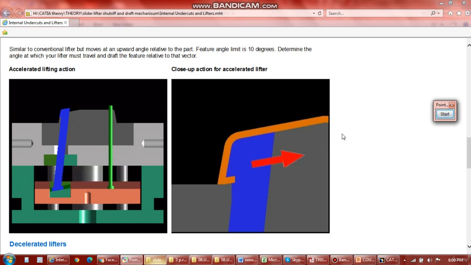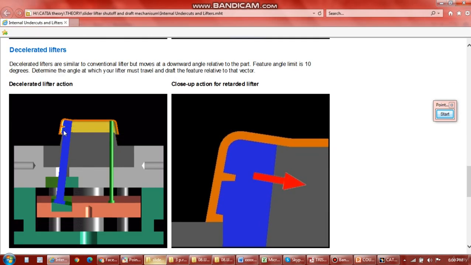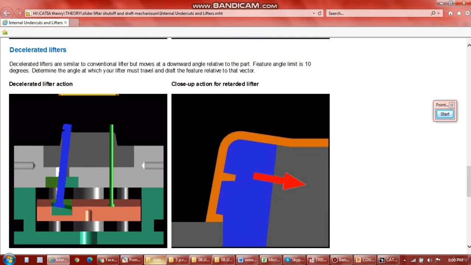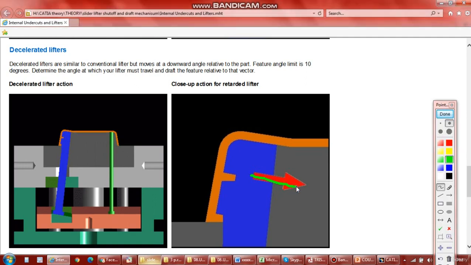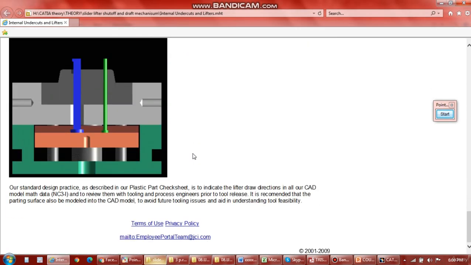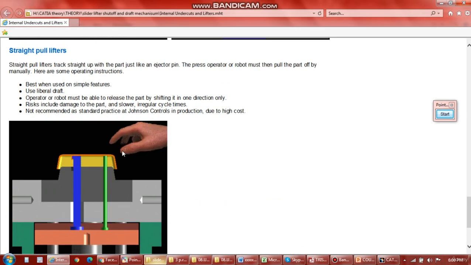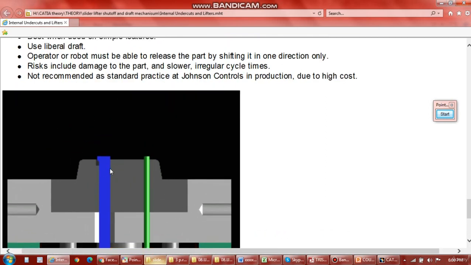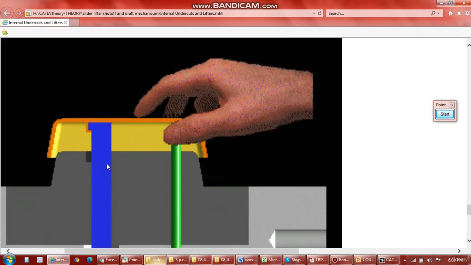So what will the lifter movement be in that part? Now the lifter is tilted a little bit. This is the tooling direction, and this is also tilted. And this is your undercut in the case of a doghouse.